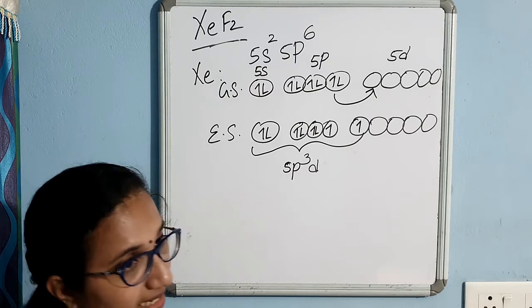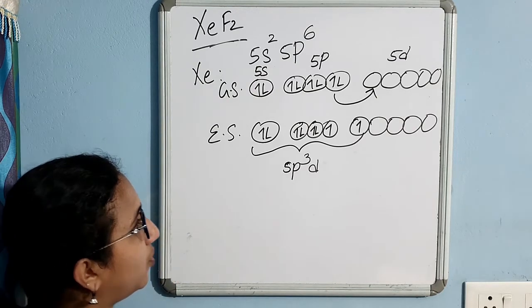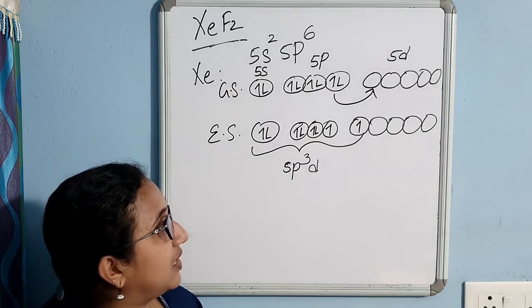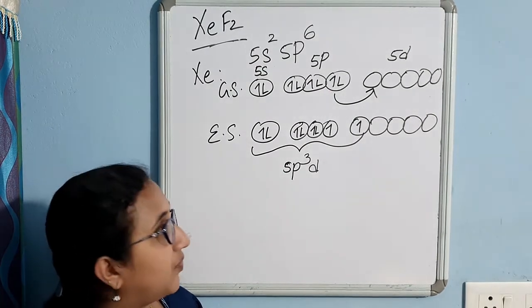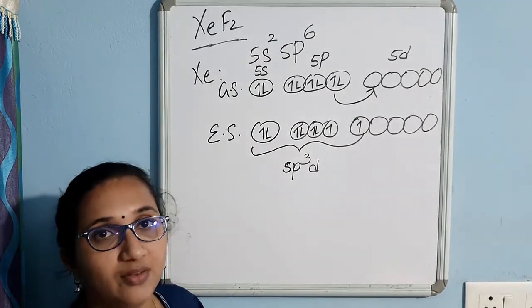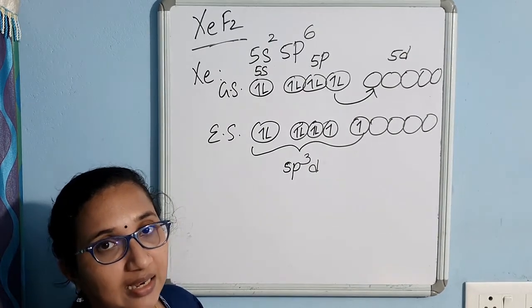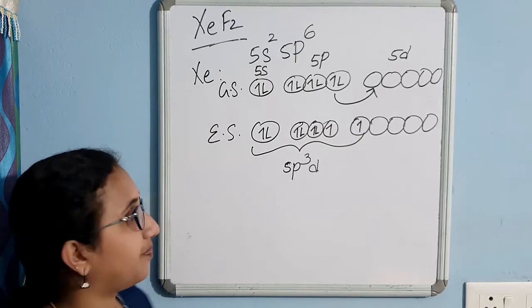We have sp3d hybridization. We know for molecules containing bond pairs alone, for sp3d hybridization, we have 5 hybrid orbitals, and the favored geometry for 5 hybrid orbitals is a trigonal bipyramidal geometry.